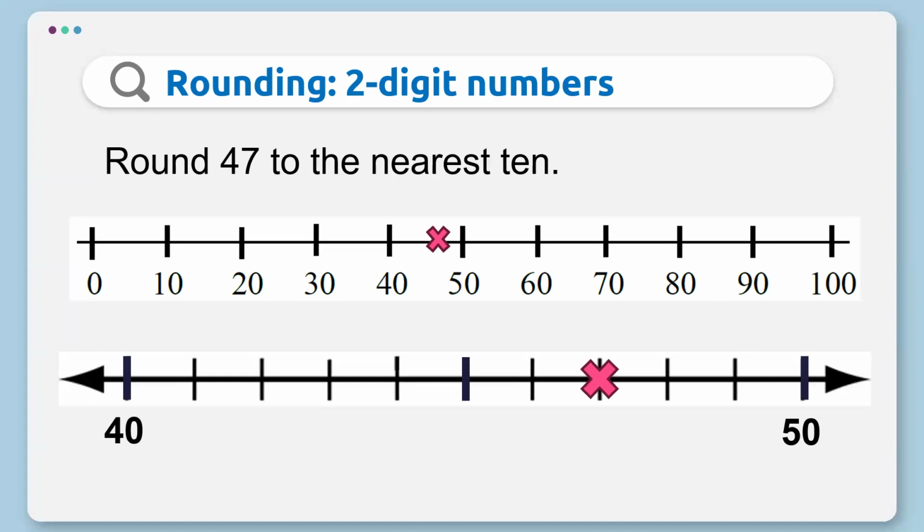If I look further and divide my number line into more parts, I can tell that 47 is nearer to 50. Hence, I would say that 47 is approximately 50 rounded off to the nearest 10.